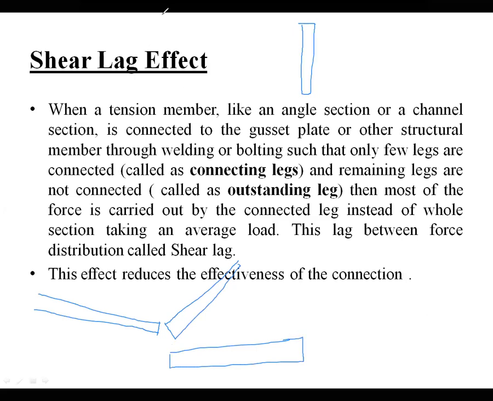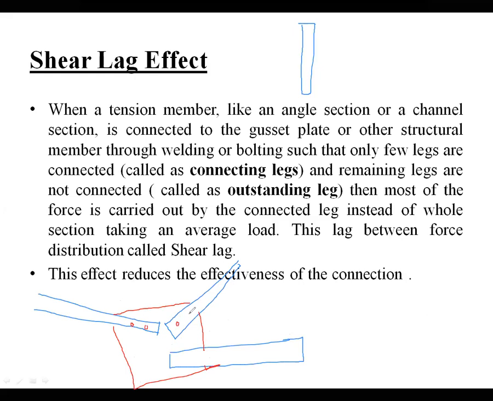Generally, we connect them through the gusset plate. It might be any shape. The red box is the gusset plate. A gusset plate connects the different members.